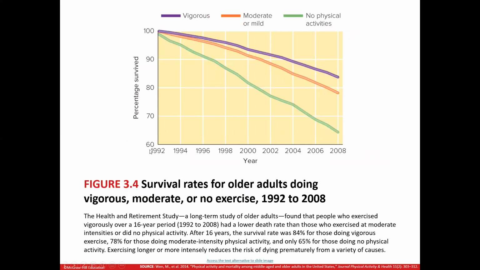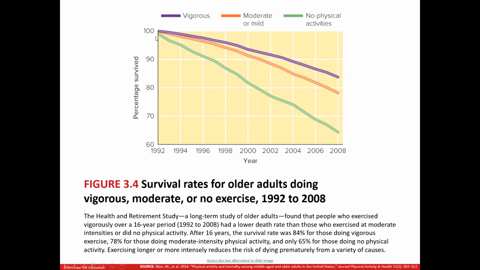As you can see, in 1992 they did a study, and everybody that year was alive and well. So first let's follow the vigorous group. These are people who exercise at a high intensity. As the years go by, they die at about, let's say, maybe 84 years in 2008.